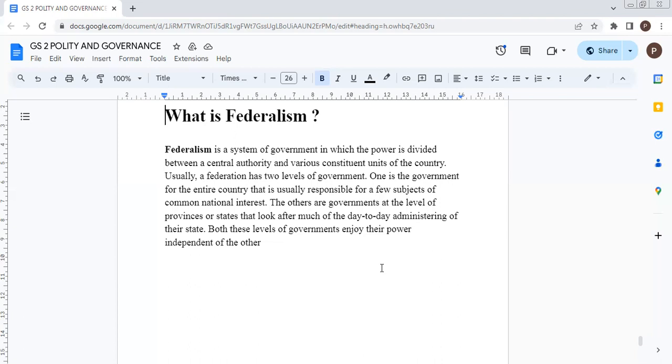Now there is a slight difference when we use the term federalism in the Indian context. How so?